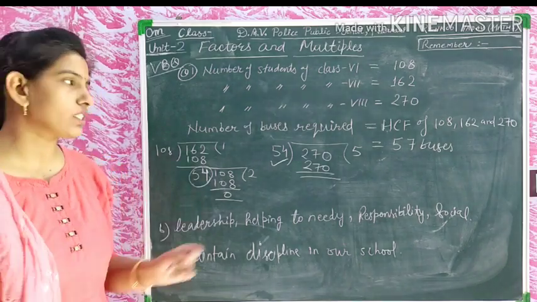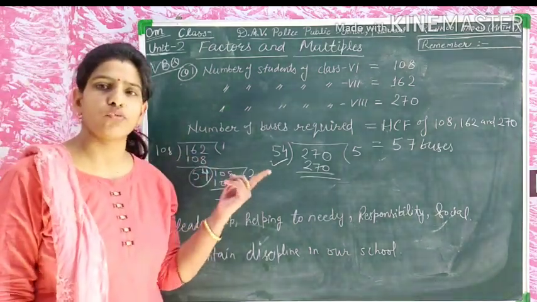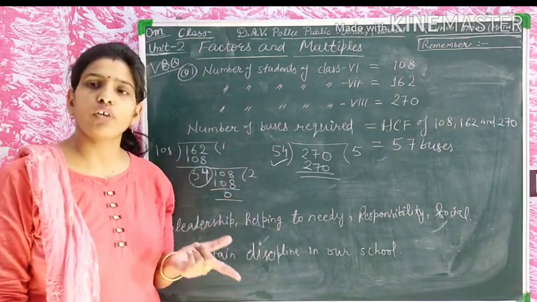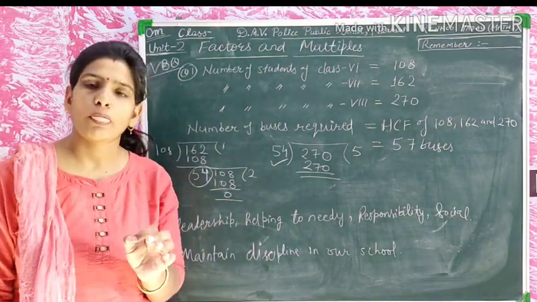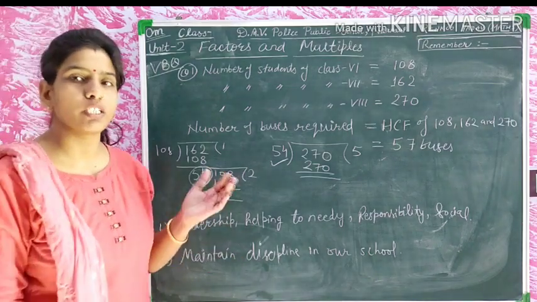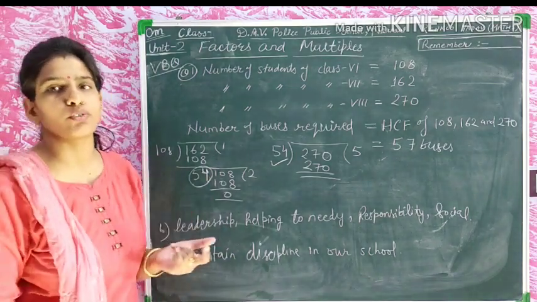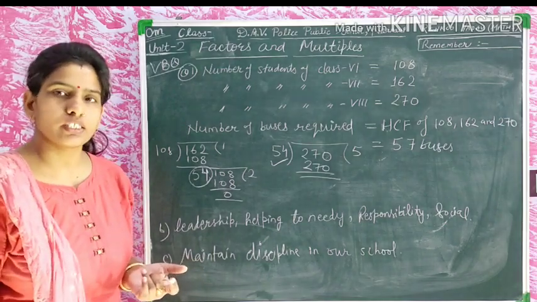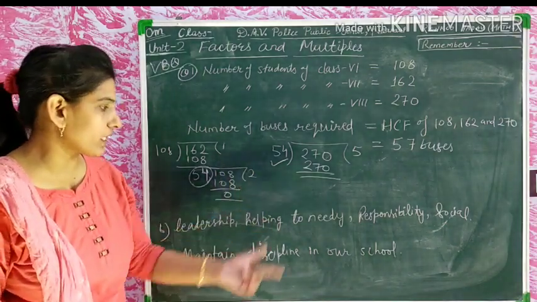Is this clear students? For the maximum we have to find the HCF, and for the least number we use the LCM. Is this clear students? So we are doing the HCF here.